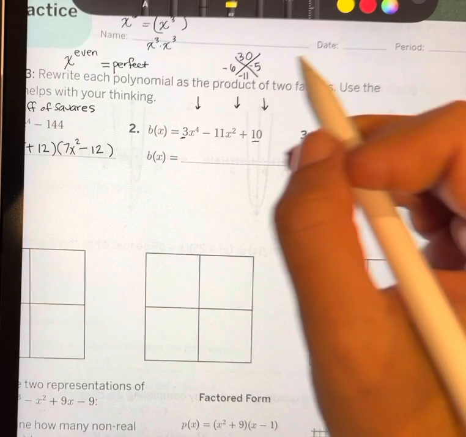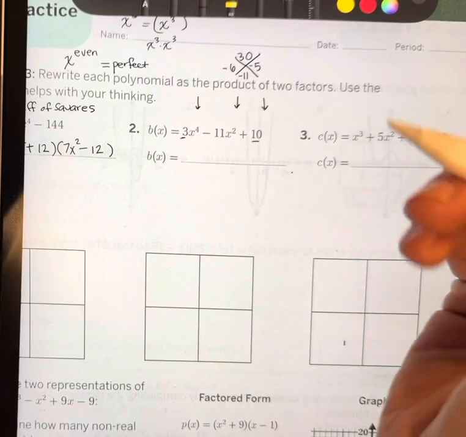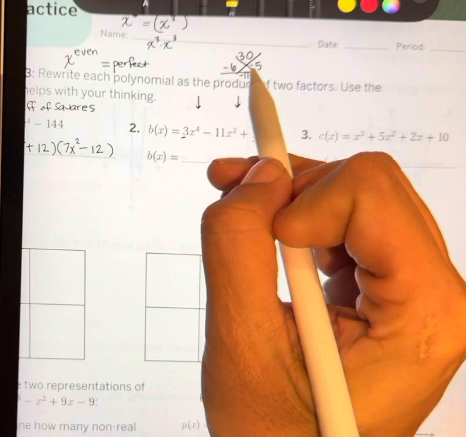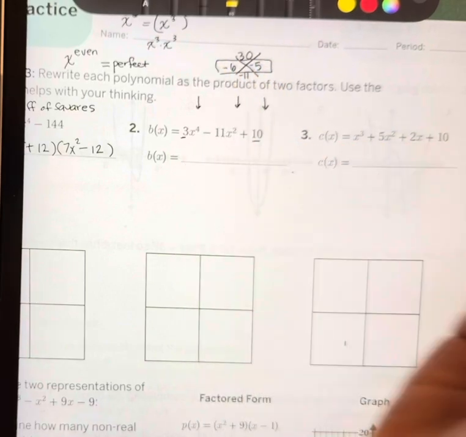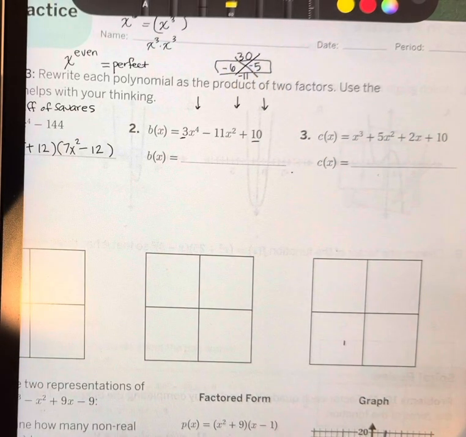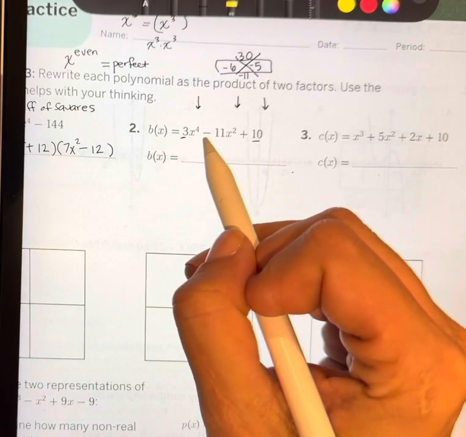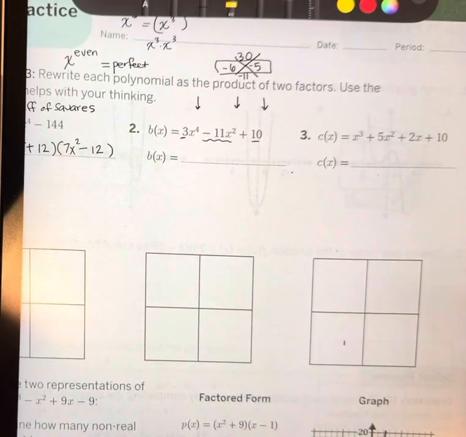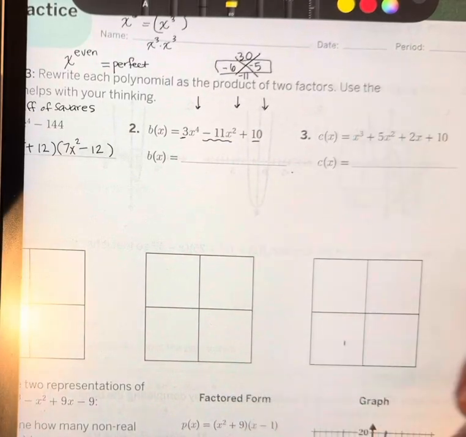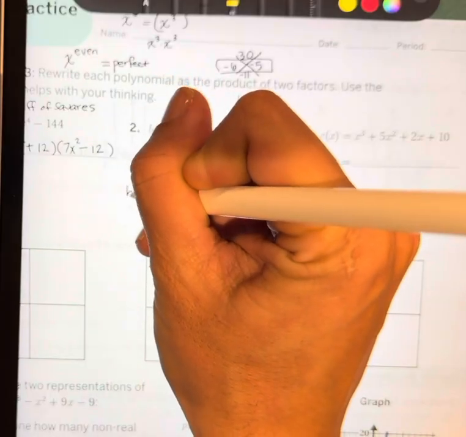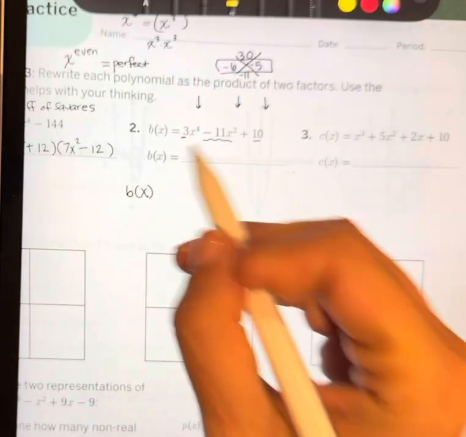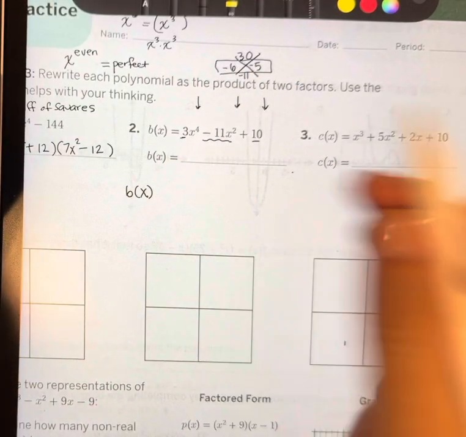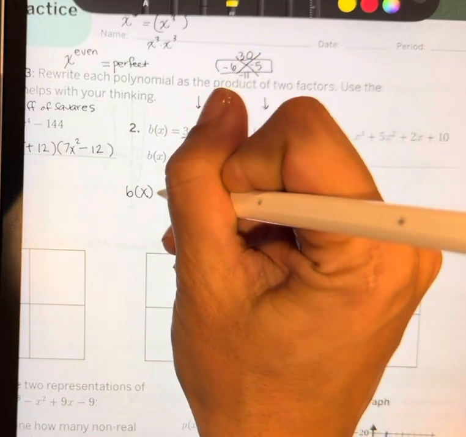Okay? And now that I've found this, the negative 6 and the negative 5, here's the significance of the negative 6 and the negative 5. Together, they make my middle term. Okay? I'm going to do this a little differently than I have in the past. I'm going to rewrite b of x. The first term is perfect how it is.